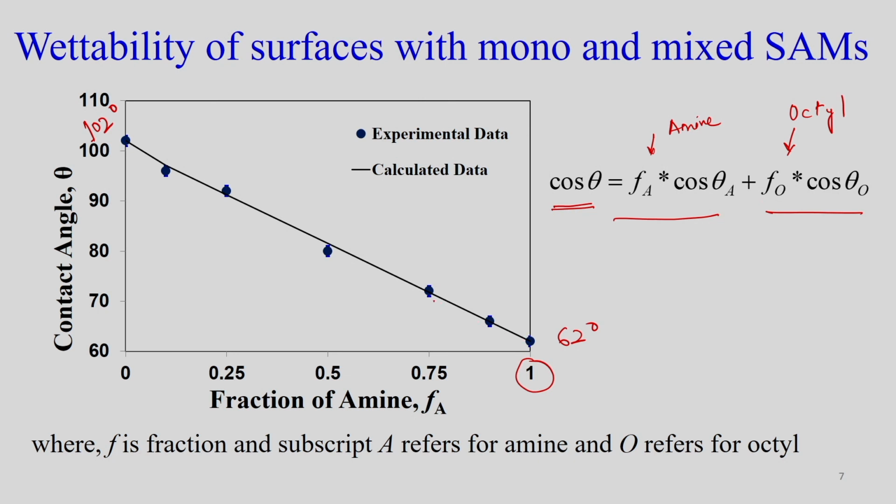These dots are the experimental values and the line is the data calculated using the Cassie equation. We see the experimental data follow the Cassie equation very well.